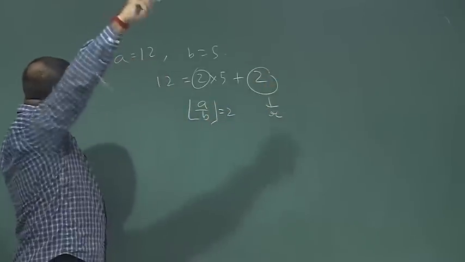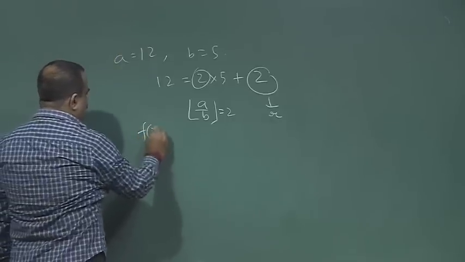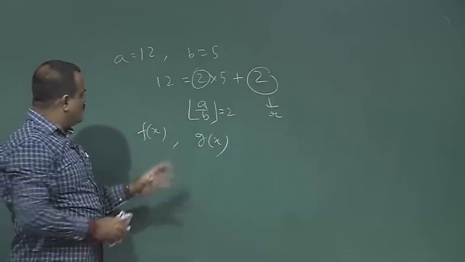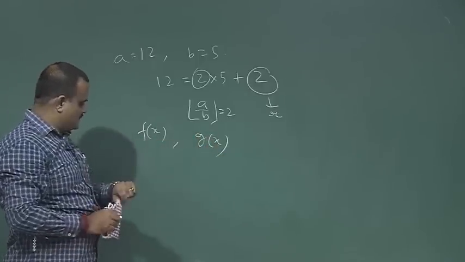So, similarly for polynomials also, if we have two polynomials f(x) and g(x), and the degree of f(x) is more, we want to divide f(x) by g(x).